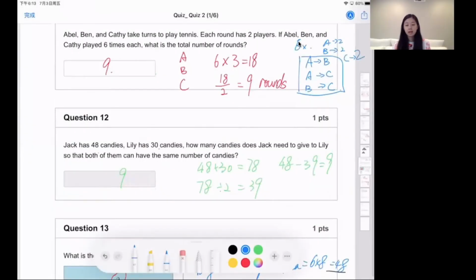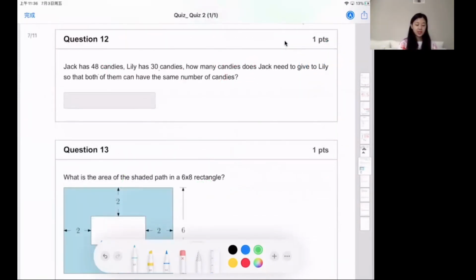Okay, and then now we get 3 of them, 3 times 2, right? And then we need to divide by 2, so equals 3 rounds if they just play 2 times, okay? It's just an example.